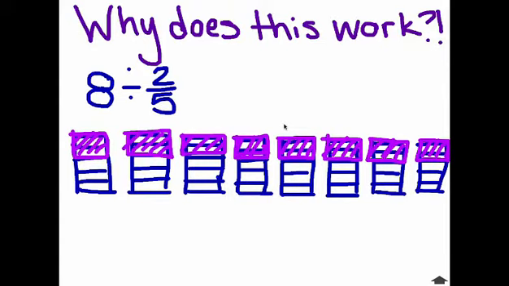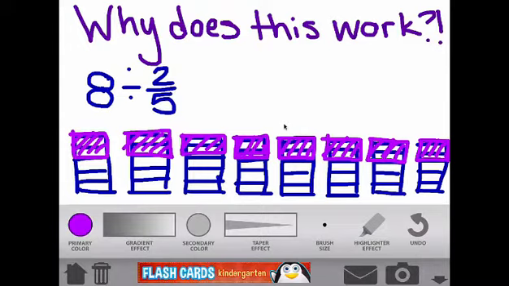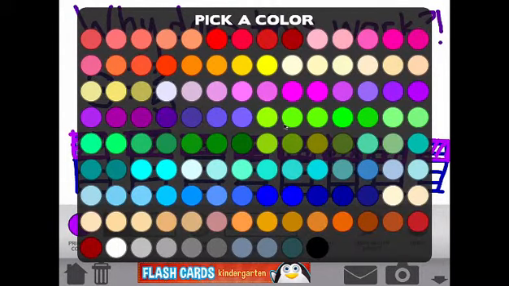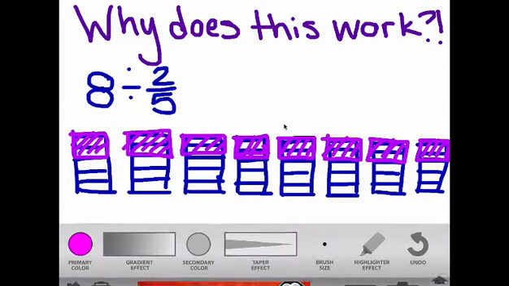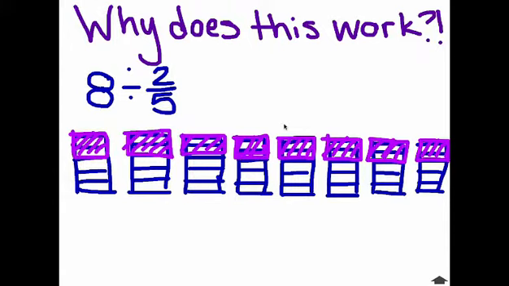However, you'll notice that there are more fifths left over here on the bottom than what we've had before. So I'm going to switch colors again to make it easy for us to see where our next set of 2/5 is. And it's actually going to be right under that top one.